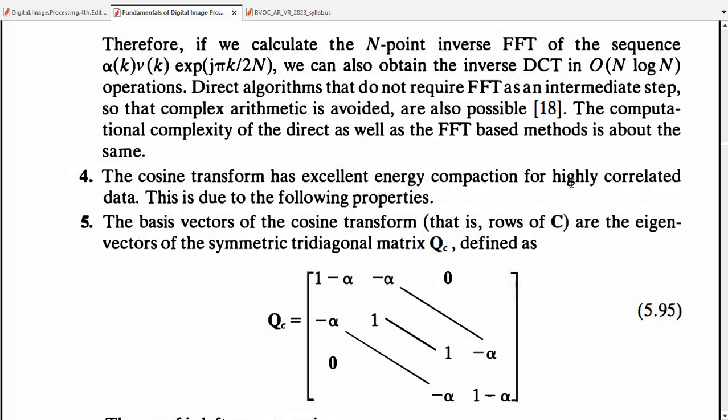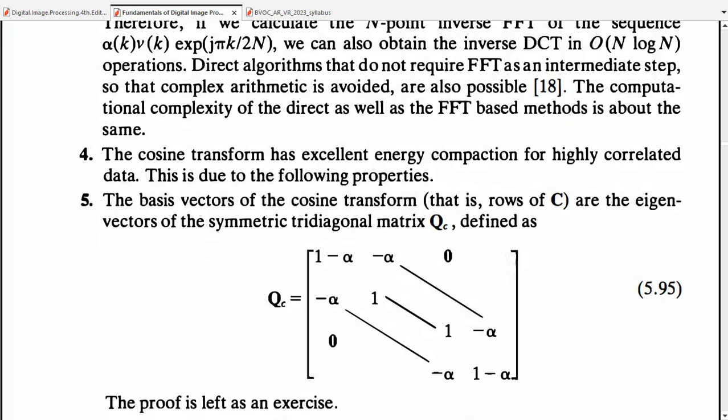The cosine transform has excellent energy compaction for highly correlated data. This is due to the following property.